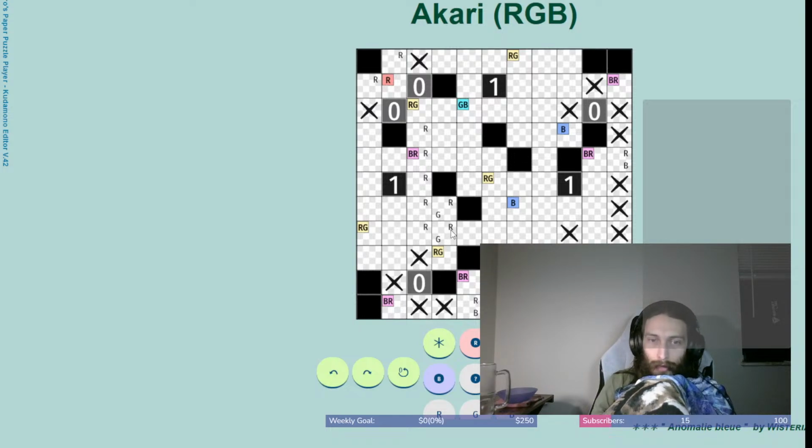It's probably this one, but I don't know for certain. And I need a blue in this row. Well, you can't put blue there or there.